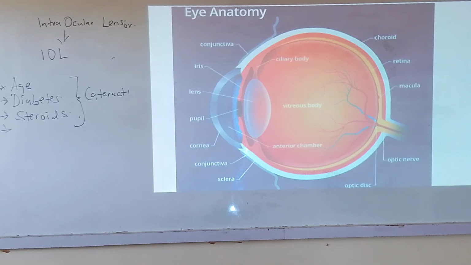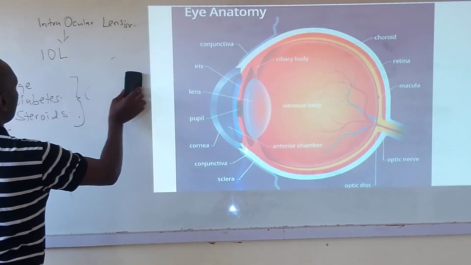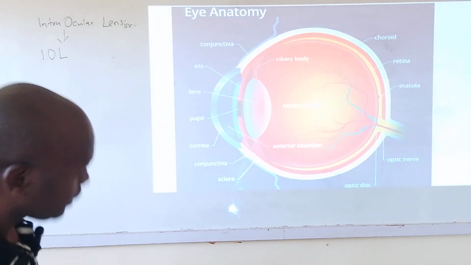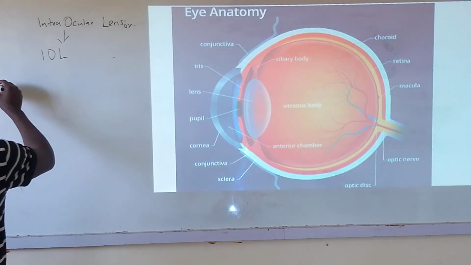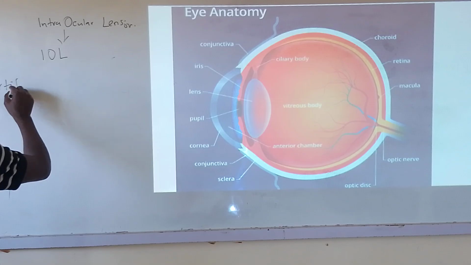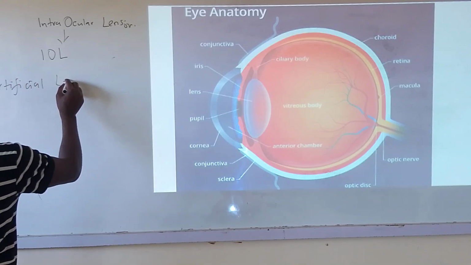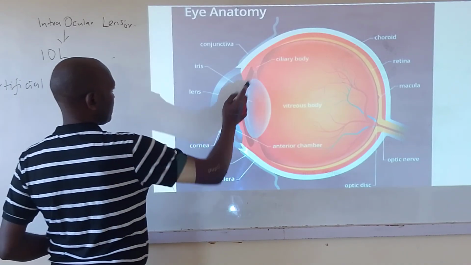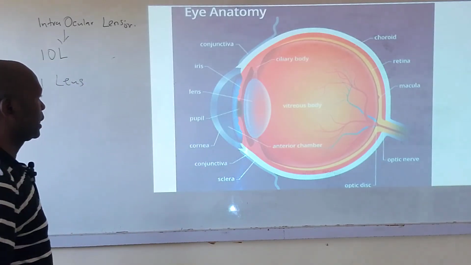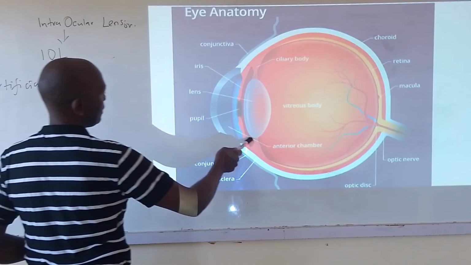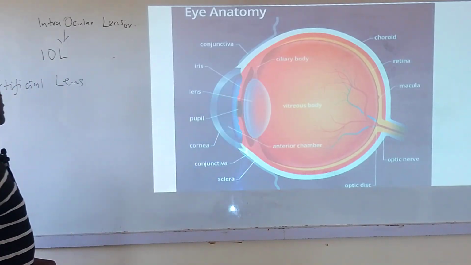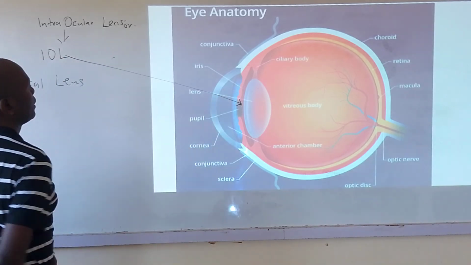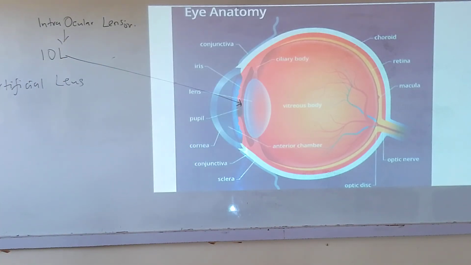So when we talk of intraocular lens, we mean that this is just an artificial lens. Once this one has opacified, you do cataract surgery where the opacified lens is removed and then we fix the artificial one to restore vision.